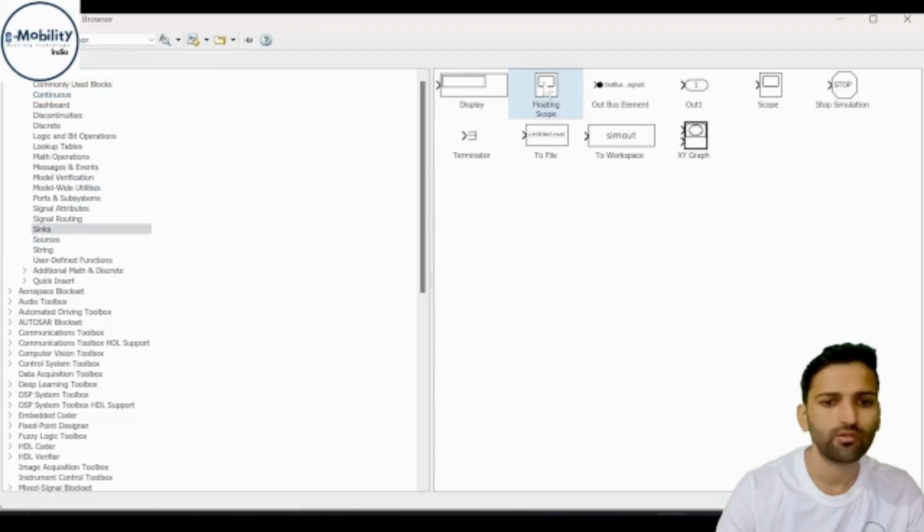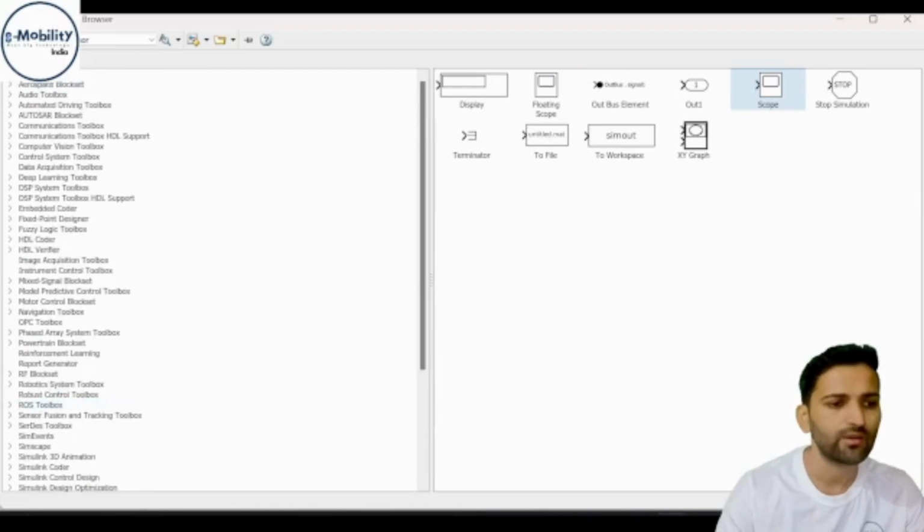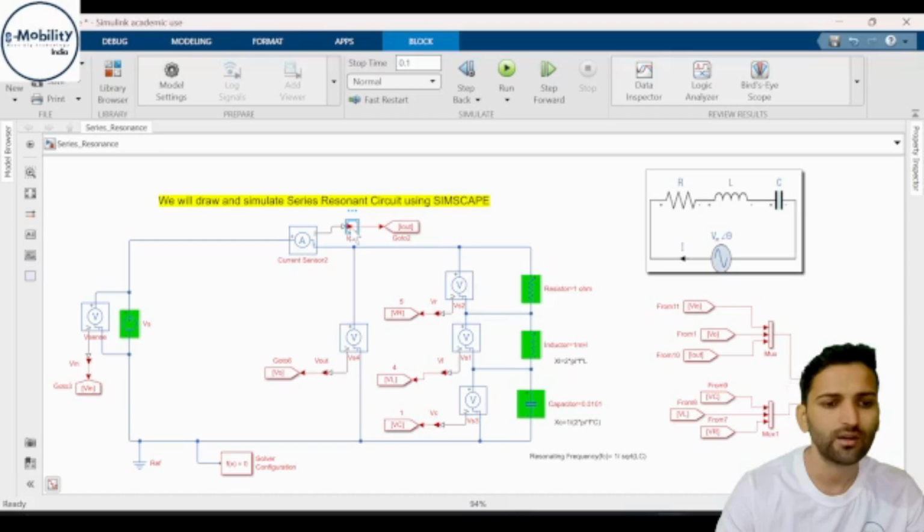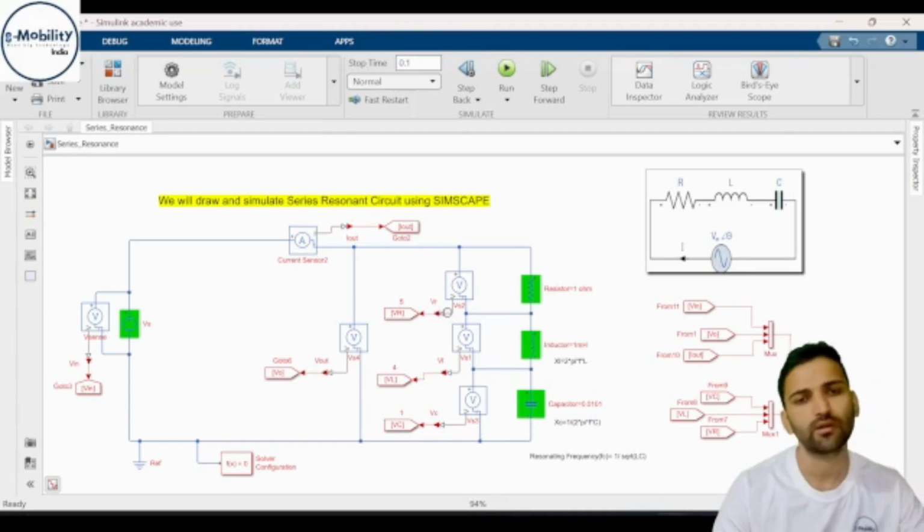So this is a floating scope or other scope. This scope I am using. To connect this circuit with the Simulink components, we use some connectors. These are called Simulink connectors, everywhere the signal is going from the Simscape circuit to the scope.